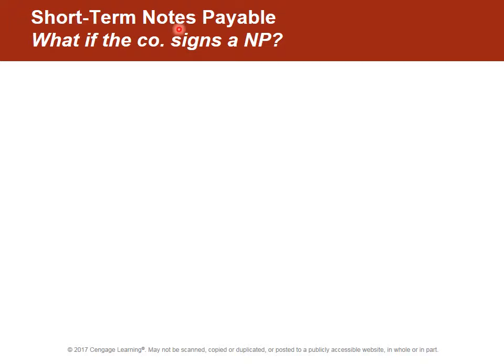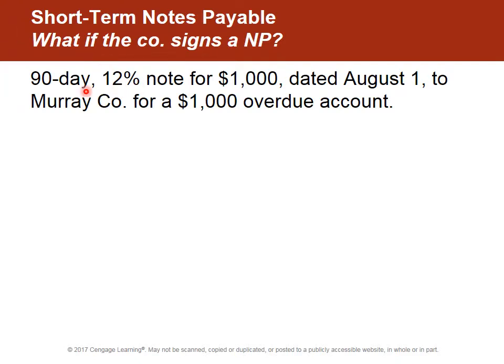So short-term notes payable: what happens if the company signs a formal note? It's no longer an accounts payable, it's a notes payable. Just in reverse when we talked about accounts receivable versus notes receivable. So let's take an example. Our company borrows $1,000 from the Murray Company because we have an overdue accounts payable. We say that we'll pay them back in 90 days at 12% interest.